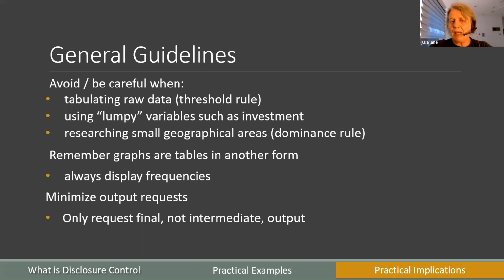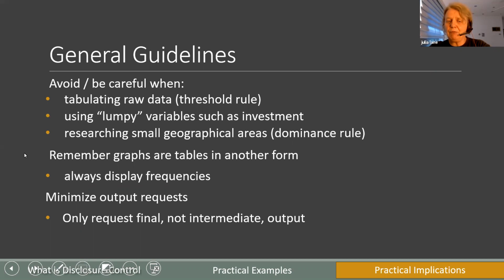You can worry about when you're dealing with small geographic areas, because then there might be just one company that has 80% of the sales. So for example, if I were to talk about an aerospace company in Seattle, it's going to be pretty obvious what that company is. So combining both industry and detailed geography can really get you in trouble.